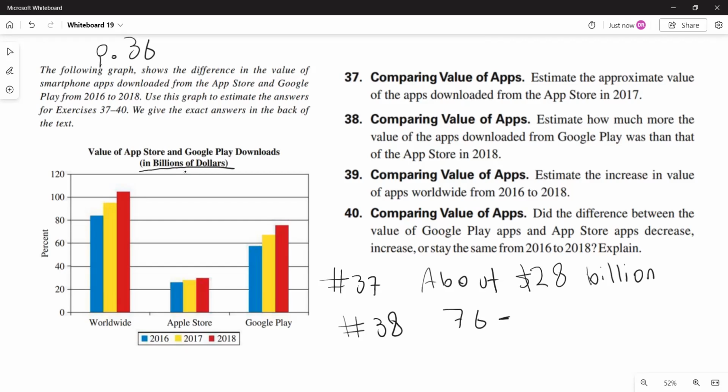And the Apple Store in 2018 looks about somewhere in the middle, about 30. So the difference is going to be approximately 46 billion.